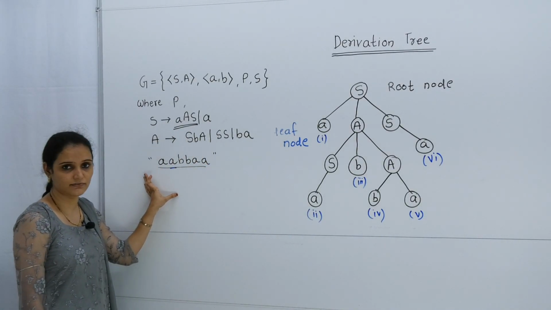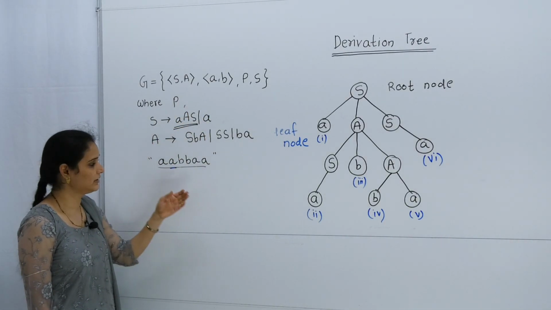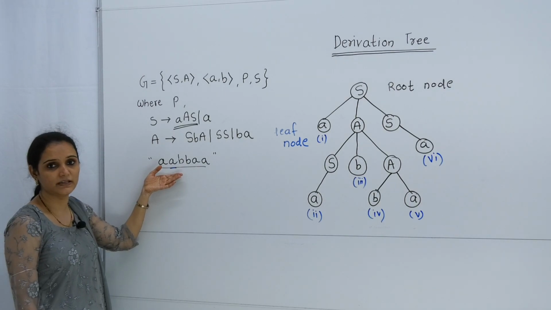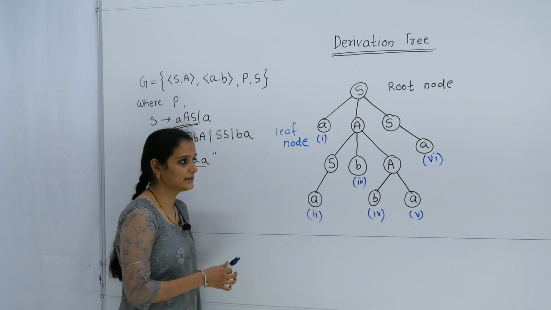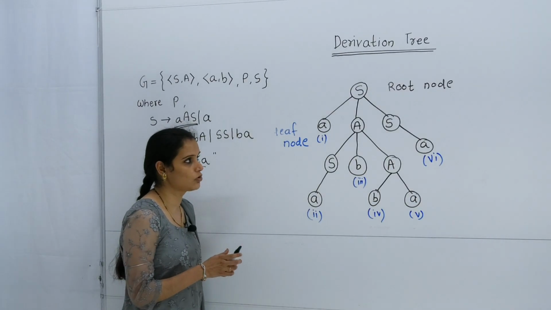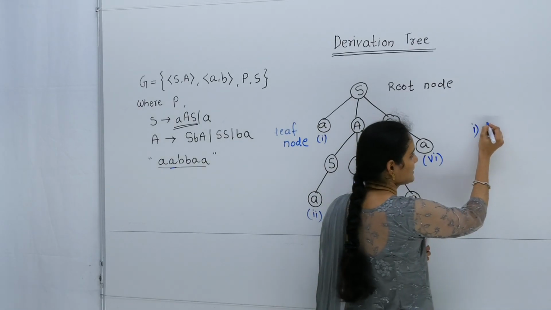Here they have asked one question in which the grammar is given, production rules are given, and one string is asked to be derived by using the derivation tree. So, students, in that derivation tree also there are two types. What are those two types?